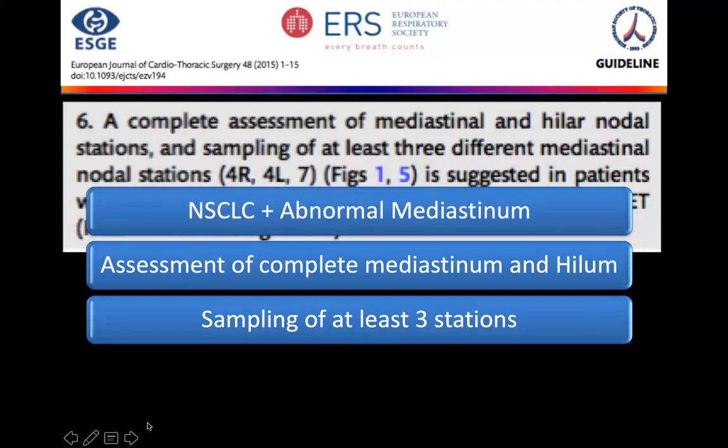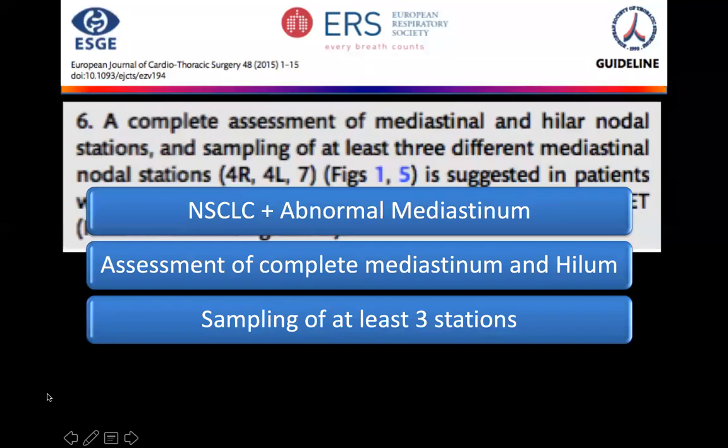The correct answer is the ACOSOG Z0030 study categorically stated that at least 3 lymph node stations have to be sampled. And the NICE guidelines for management of lung cancer also state that any staging has to sample at least 3 stations.